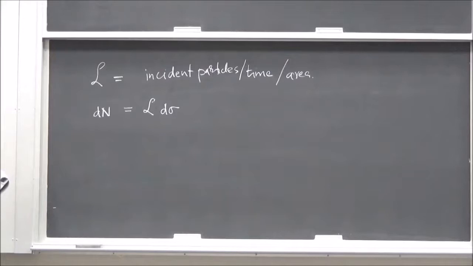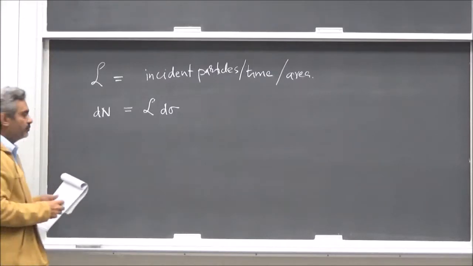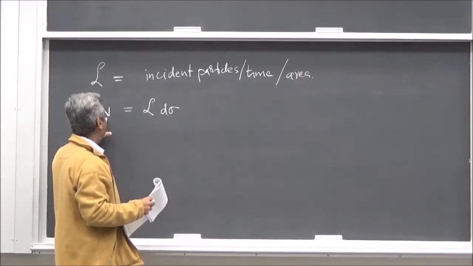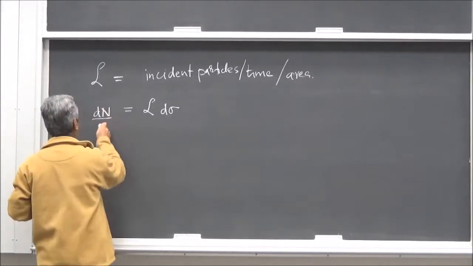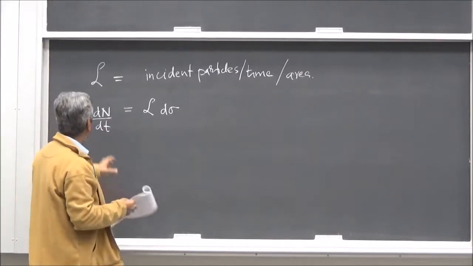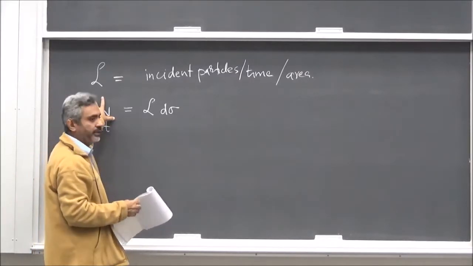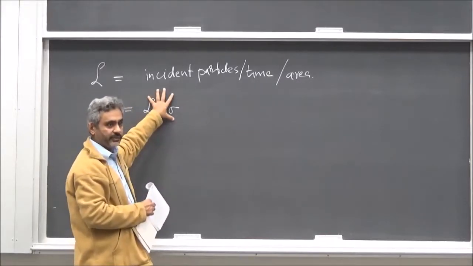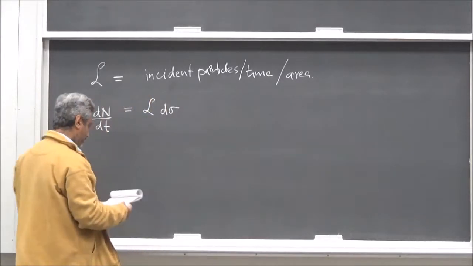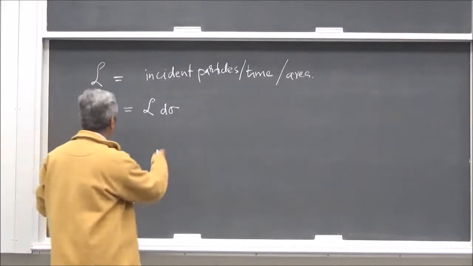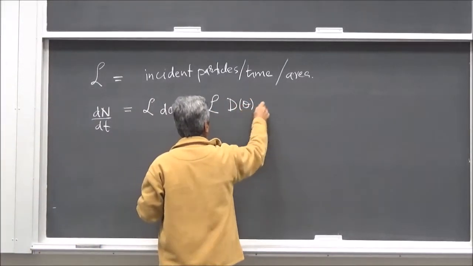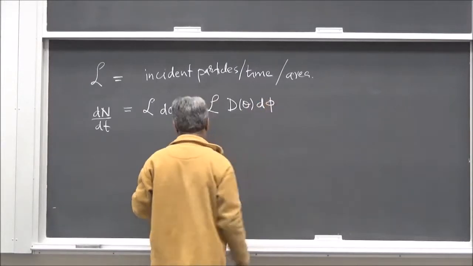Yes, that's right. You're right. So this is the number. I'm not going to call it dn by dt, but if you want, call it dn by dt. But this is, if in 1 second the number of particles that you're going to get is L times the sigma. Yeah, absolutely. So this thing is L d sigma by d omega times d omega, right?